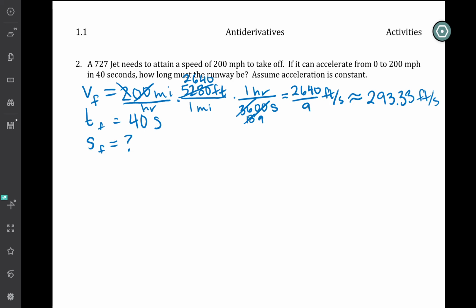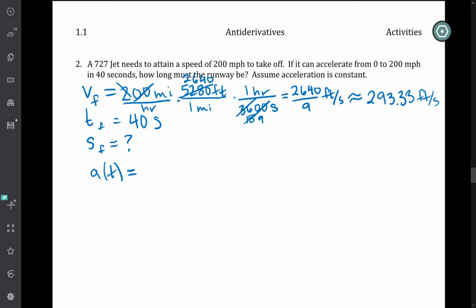Okay, so it can accelerate from 0 to 200 miles per hour in 40 seconds. So we need to figure out our acceleration, and it is constant, so that should make it easier.